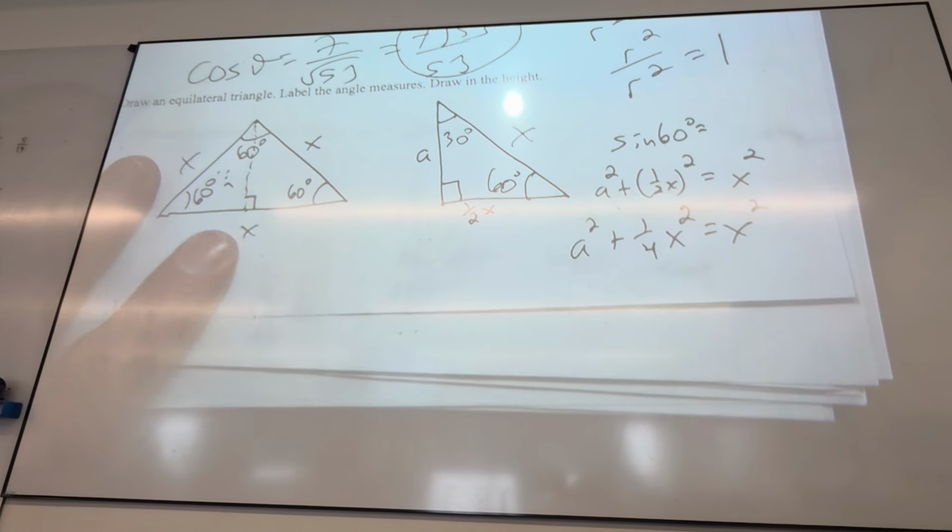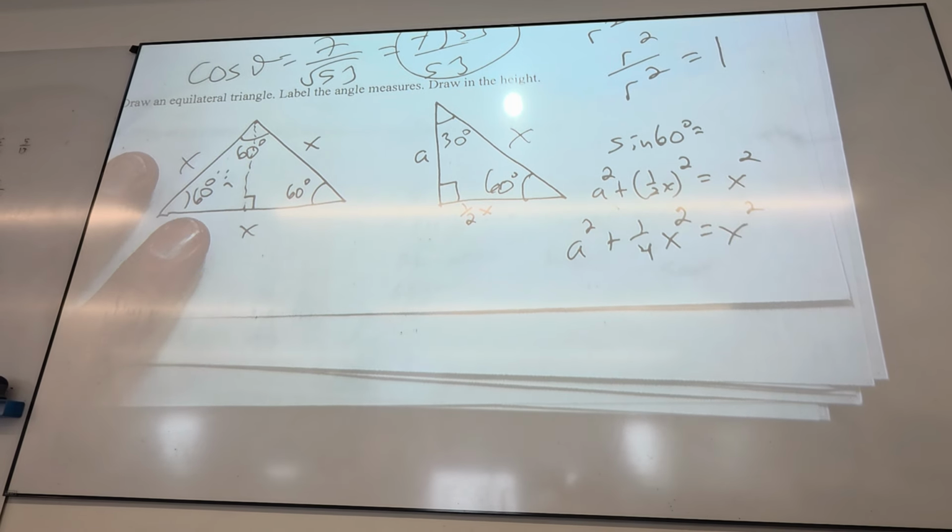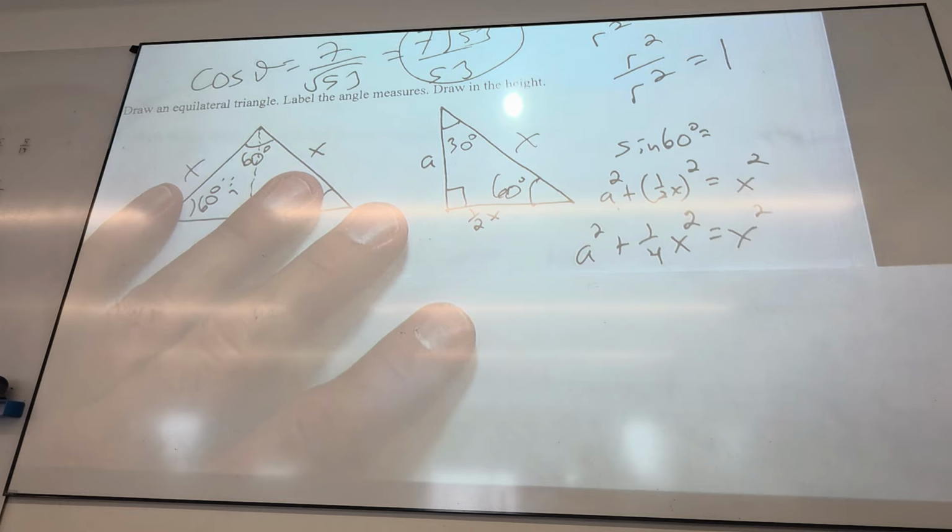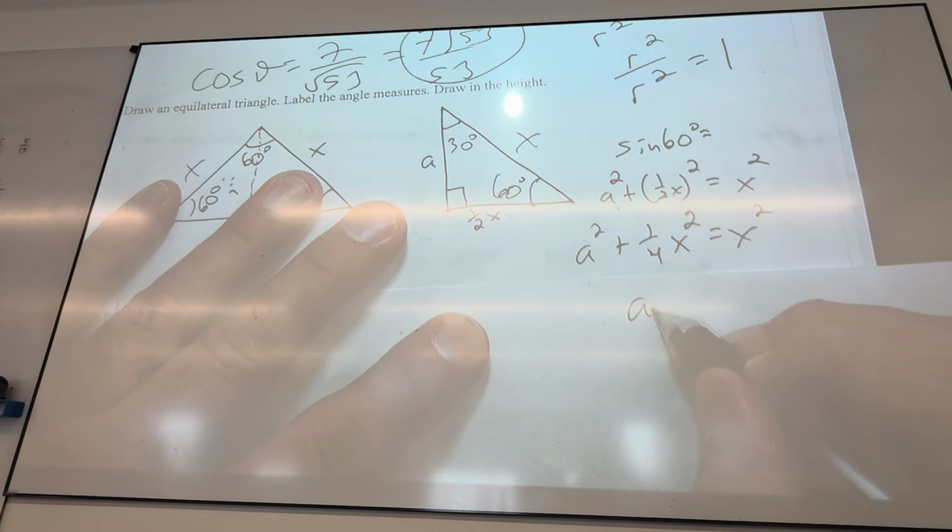How do I solve for a? Yes, so to get a squared by itself, I subtract 1/4 x squared from both sides. That looks weird, but what is a whole thing minus a quarter of a thing?